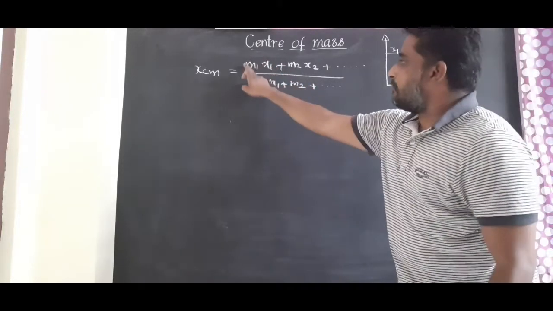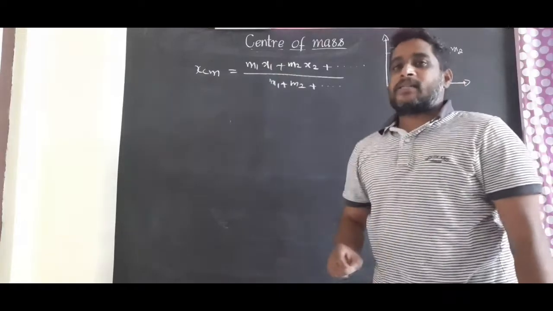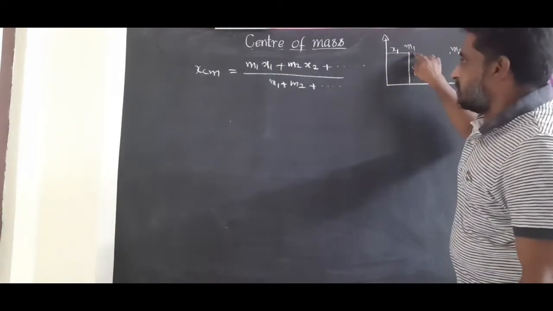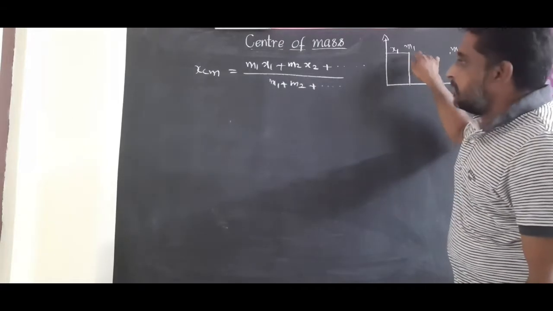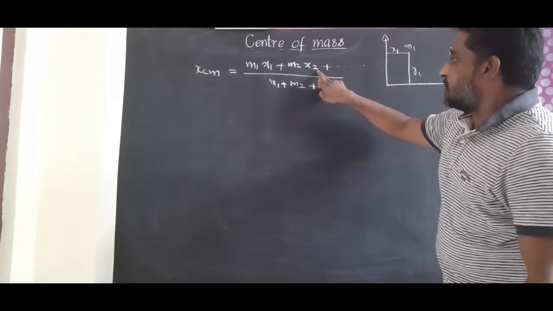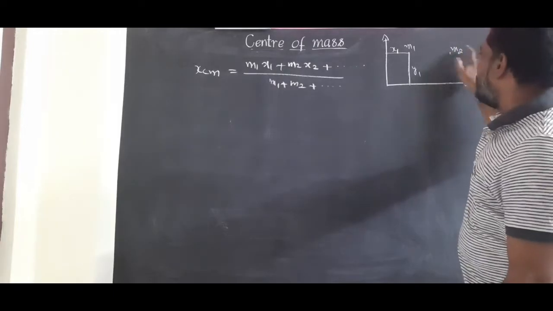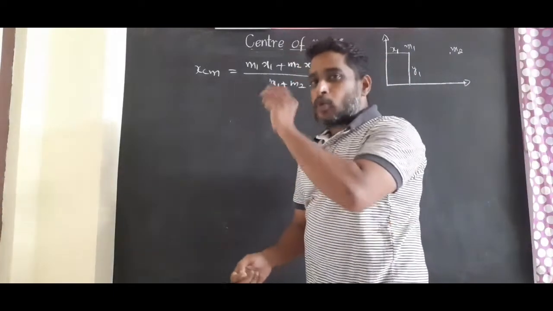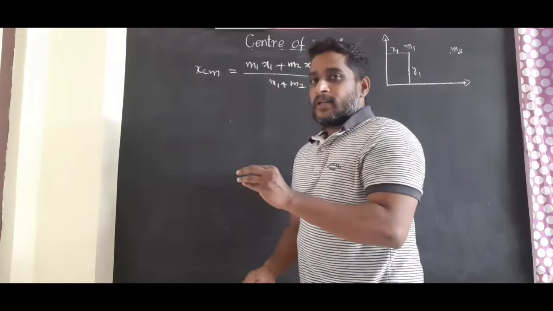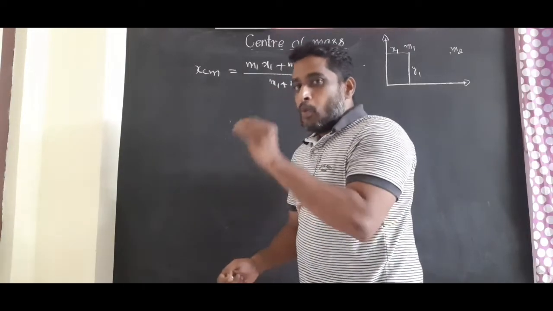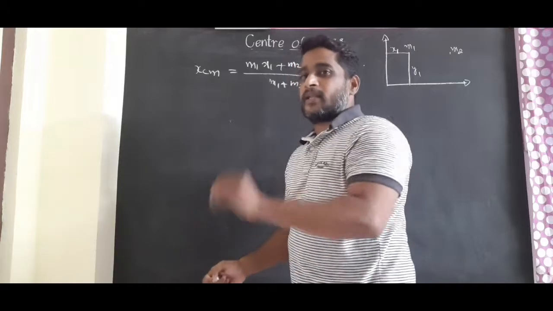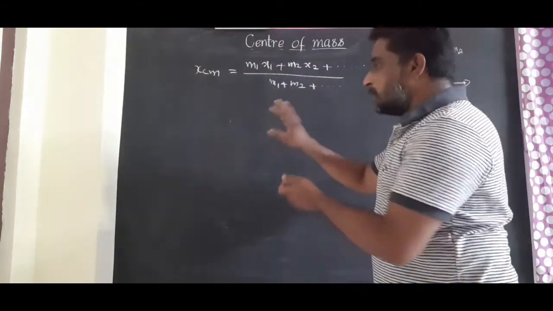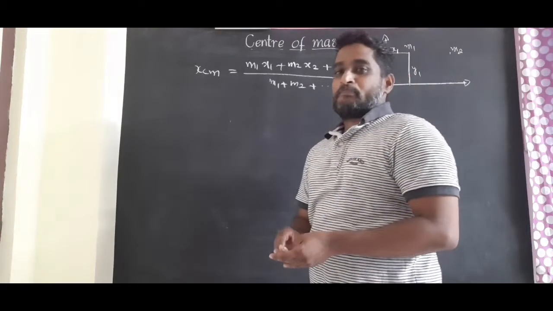Therefore, this product m1x1 represents moment of mass of this first particle about y-axis. m2x2 represents moment of mass of the second particle about y-axis. Therefore, the total numerator factor represents the sum of moment of masses of all the particles about y-axis, divided by sum of masses of all the particles.